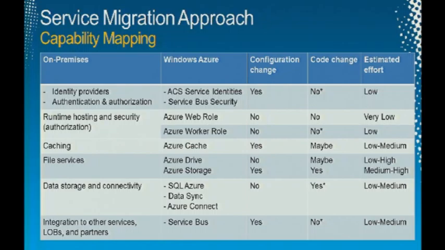At a broader level, at the application level, this may be true. You need to still think of how to bridge that gap in the capabilities between on-premises and the cloud. But for web services, it's not that much of an impact. And the other one here, integration to other services and LOBs, I have low, medium there as well, and we'll see why.